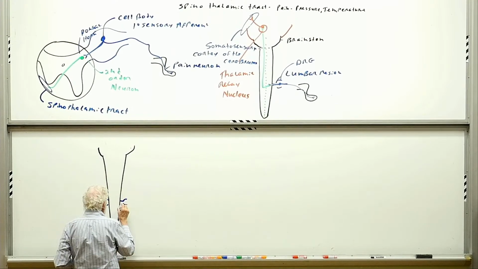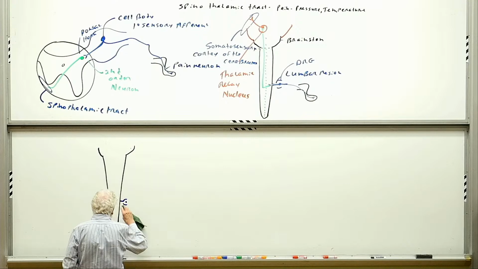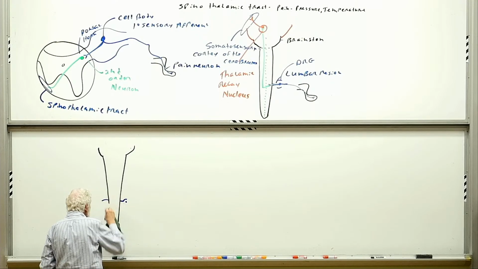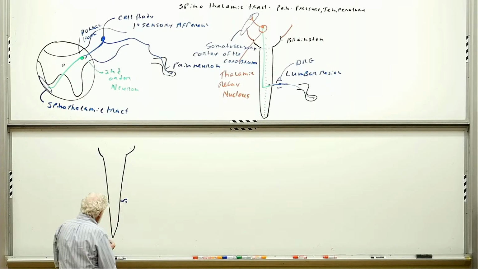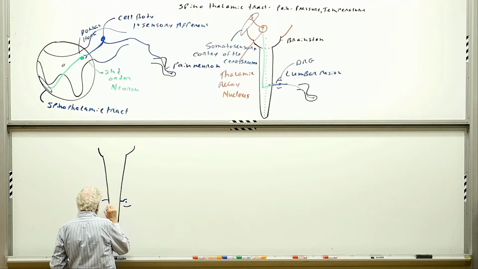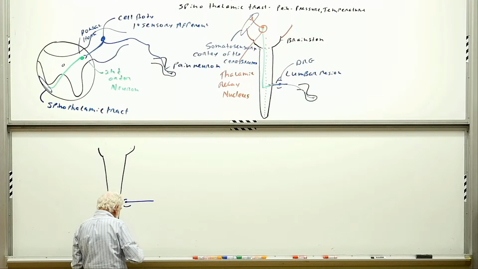And we're going to see again that we have neuronal cell bodies. Let me make these a little bigger so we have a little more room. What I'm trying to do with these brackets is make the dorsal or posterior root ganglia. So this is a neuron, goes out, we'll draw the leg again.